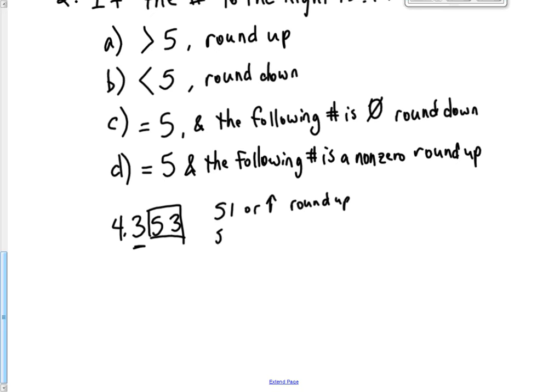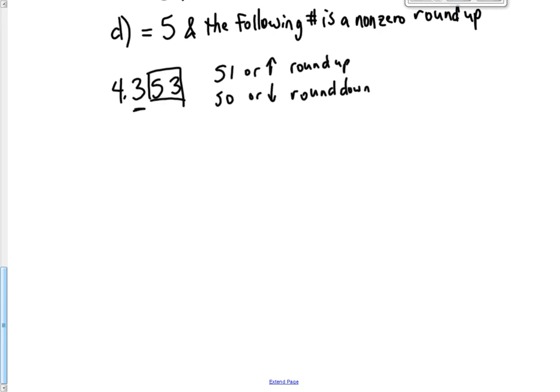And if it's 50 or lower, you round down. Okay, that'll also work. But these are our rules here. All right, so it's no different than really rounding what you've always been doing. It's just the 5 gives people trouble, and it kind of makes them go haywire.